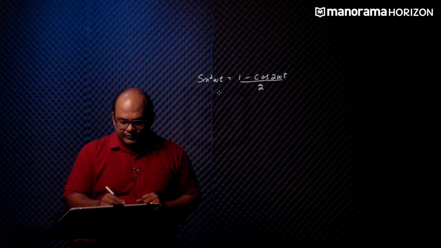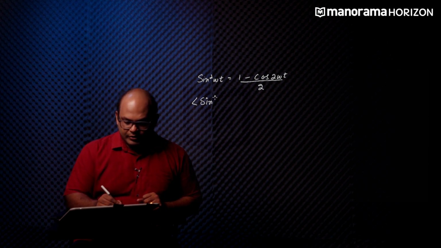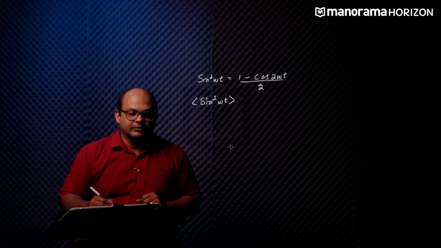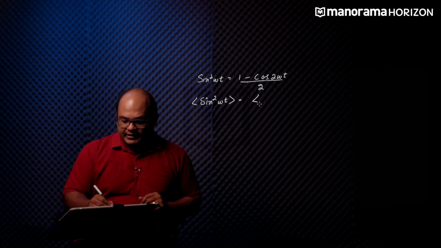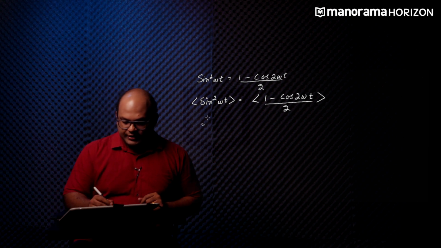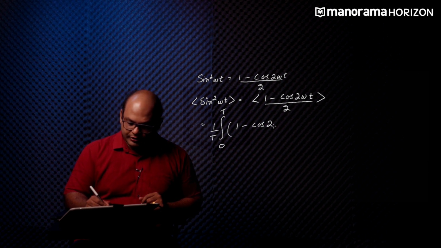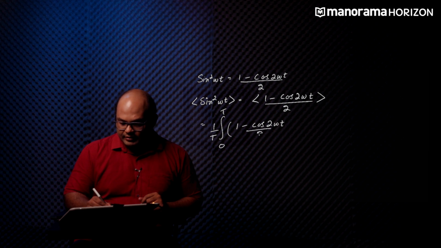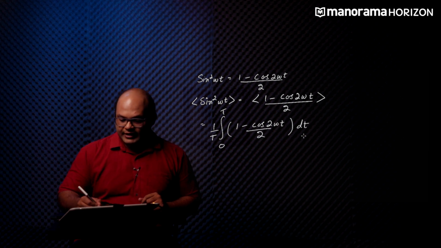So out of this, we can say that if we are taking the average for a given cycle for this function, we are taking the average of (1 minus cos 2 omega t) divided by 2. So we can write this as 1 upon T integral 0 to T of (1 minus cos 2 omega t) by 2 dt.